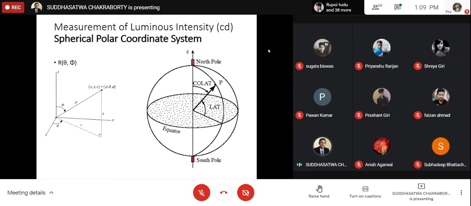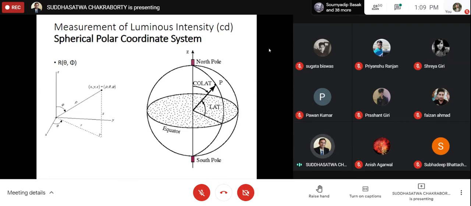Anyone try? That the magnitude of the vector is 300. It doesn't make any sense actually, because until and unless I specify the point where I have measured the 300 candela, it will not make any sense.